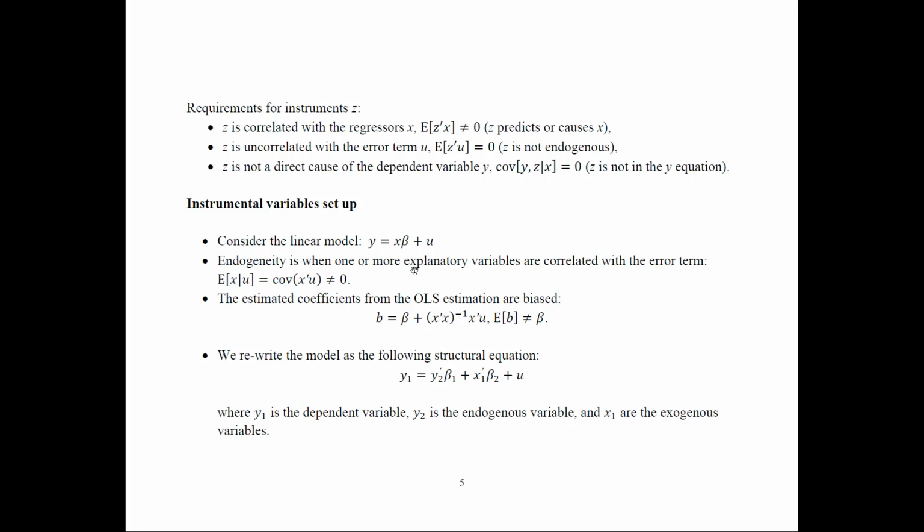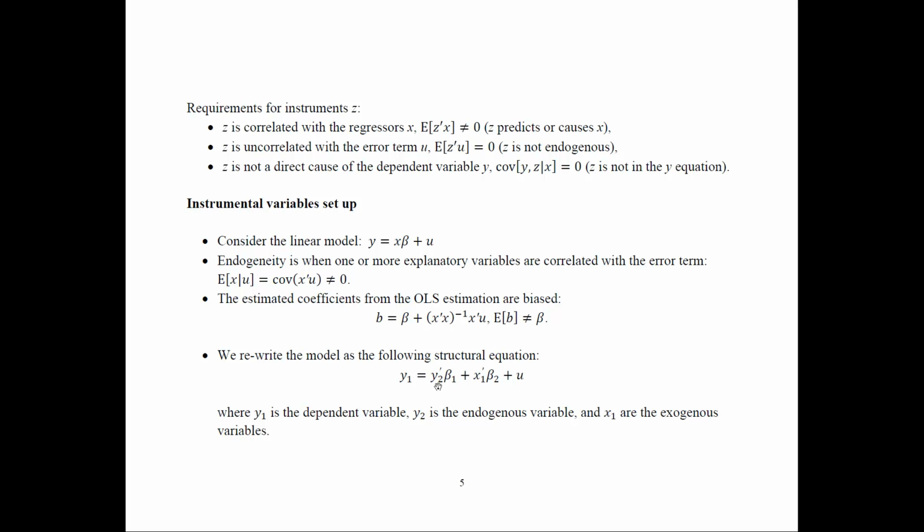So now, instead of just using the linear regression model, let's use the following structural equation, and here I'm forming the terms. y1 we would call the dependent variable, y2 would be the endogenous variable, and x1 would be the exogenous variables. So instead of just calling all of these x variables that belong in the equation, we split that in two.